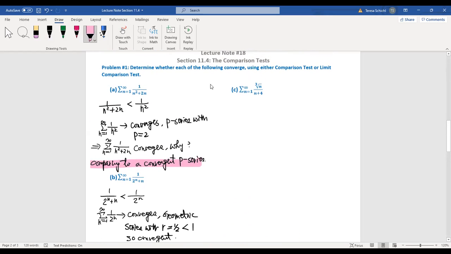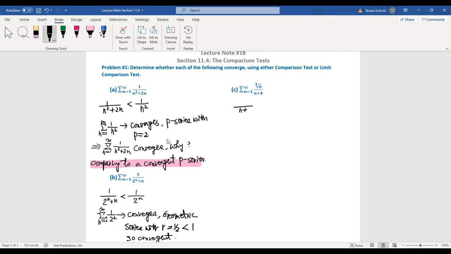So part C says the summation n from 1 to infinity of the cube root of n over n plus 4. Is this convergent or divergent? There are several ways you can show this. The first one, I use a comparison.